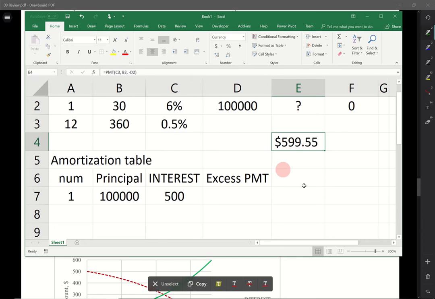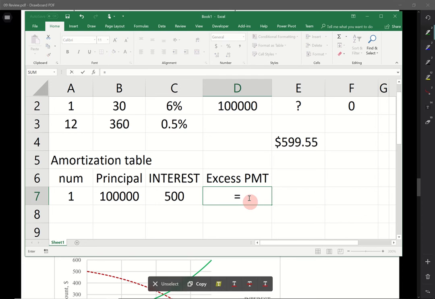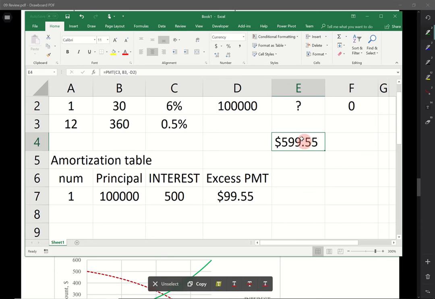So what's the extra amount that you paid, right? So clearly, this is the amount that you paid, this PMT, the computed amount through PMT. And so if from that larger number, we subtract the interest, right, we can see that the excess amount is $99.55.